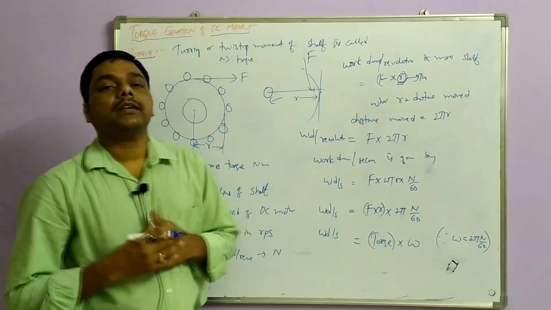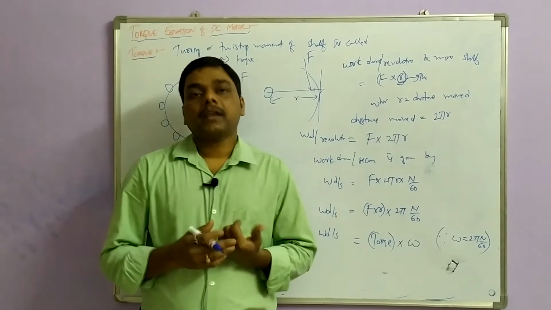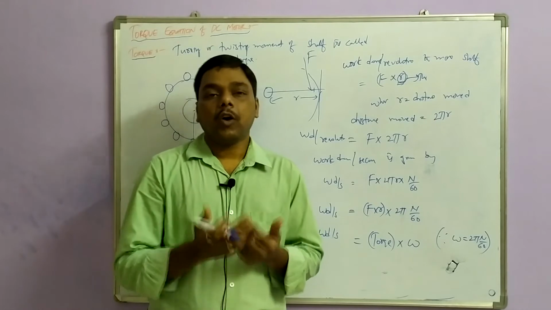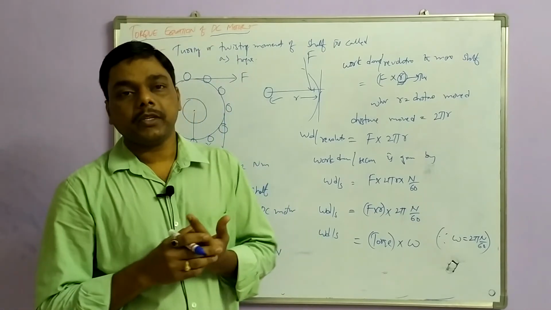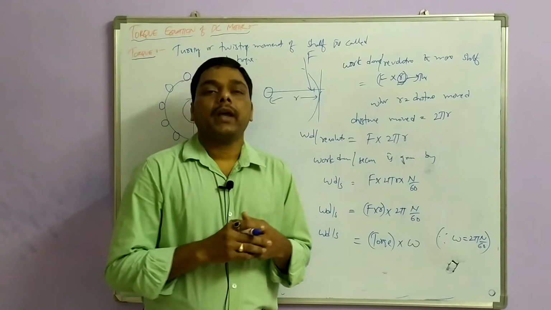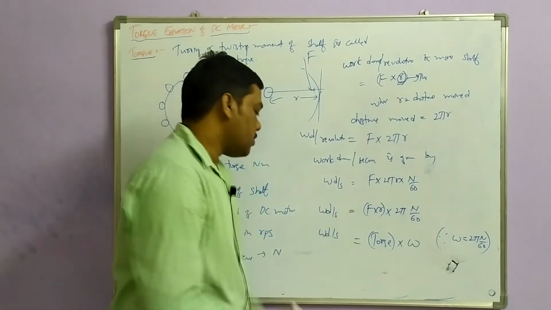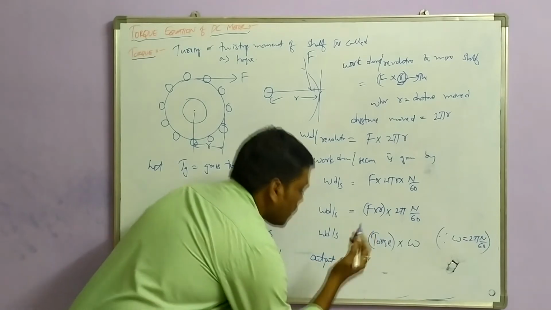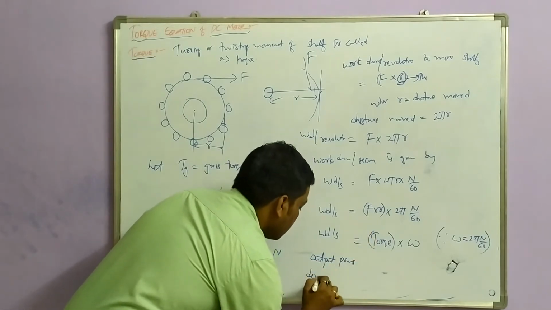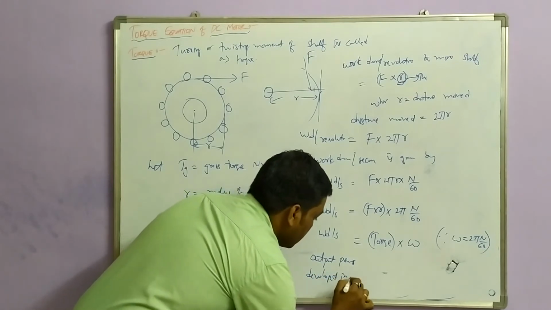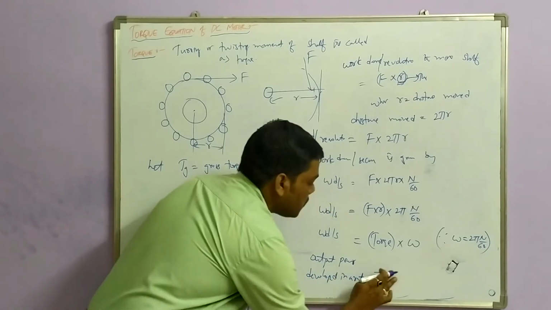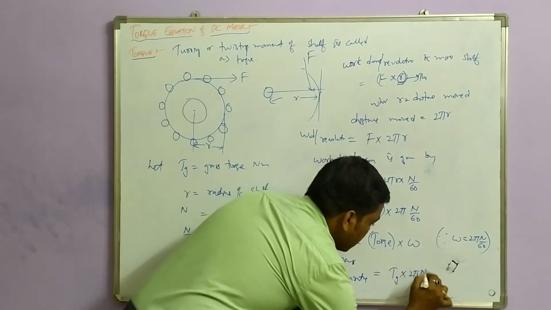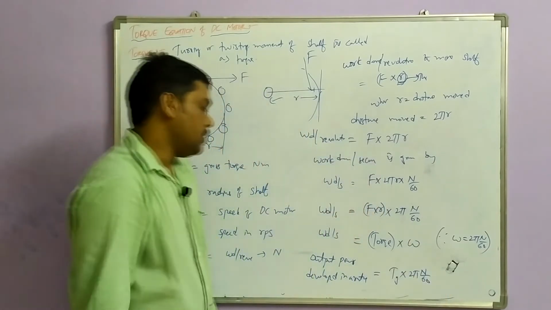So the torque into omega, we can call it the work done per second. Now what is work done in electrical machines? Work done is nothing but the output power of your armature, which is equivalent to mechanical power. So that is given by the output power developed in armature, equal to gross torque into 2 pi n by 60.